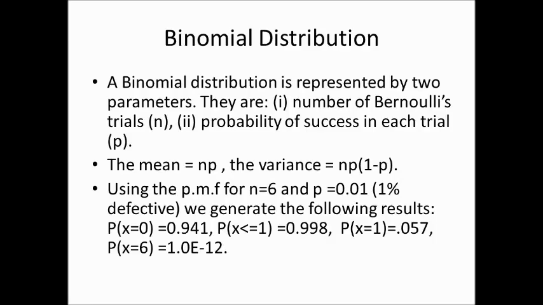Probability of getting no defective is 0.941, one or less defective is 0.998, probability of getting exactly one defective is 0.057, and probability of getting all defectives is 10 raised to the power minus 12, which is almost 0.